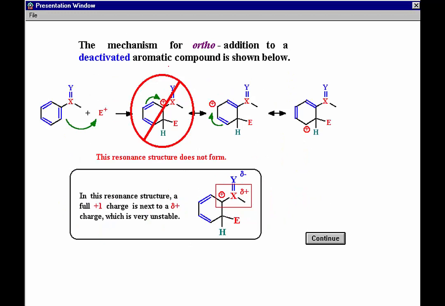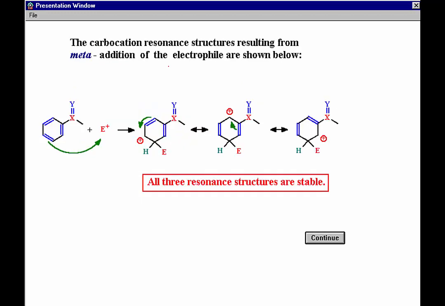But when we have a deactivating group, if you put that plus charge next to the deactivating group, then what happens? It ends up not stabilizing it. So then we end up with essentially only 2 resonance structures. And in that case, 2 resonance structures is not more than 3 for meta.